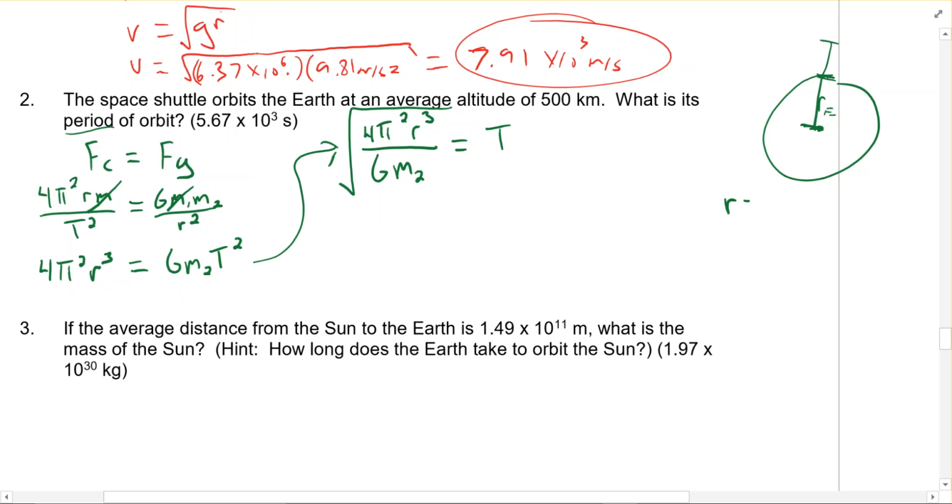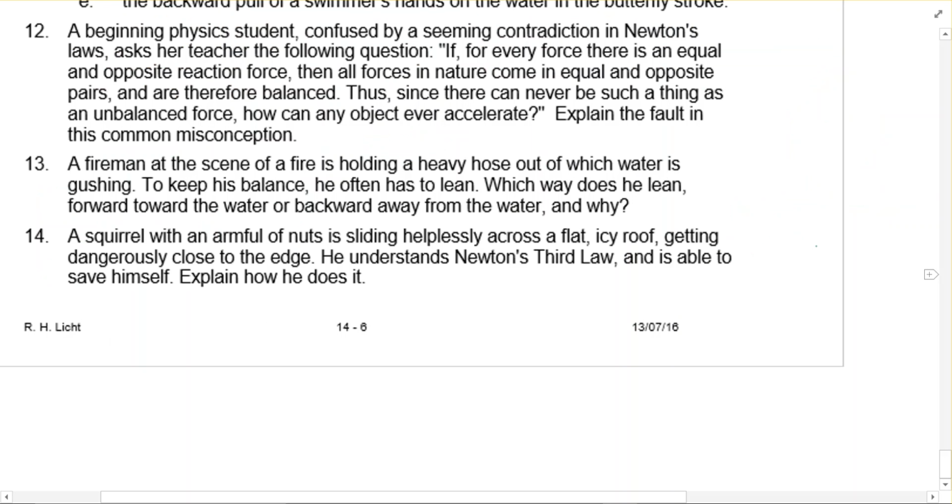So r is going to be equal to the radius of the Earth, 6.37 times 10 to the 6 meters, plus 500,000 meters. So r is going to be 6.87 times 10 to the 6.